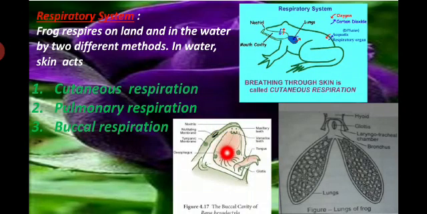Once again I tell you, in buccal respiration on land, the mouth remains permanently closed while the nostril is open, and the floor of the buccal cavity is alternately raised and lowered, so air is drawn into and expelled out of the buccal cavity. Okay? This process is repeated through the open nostrils.